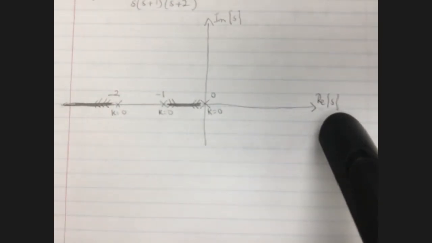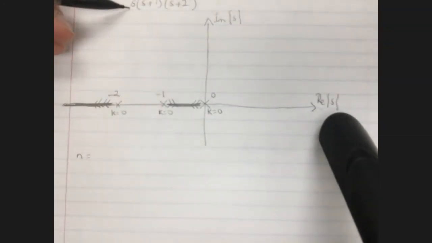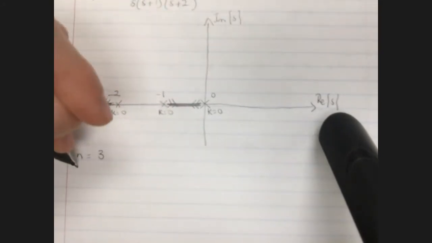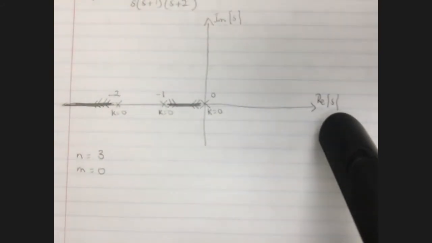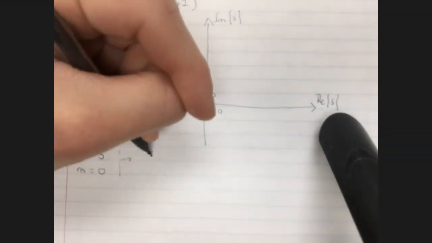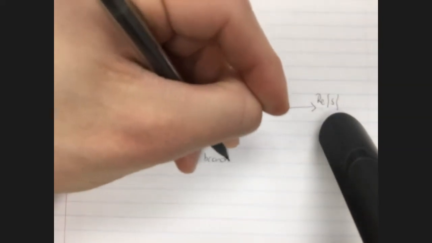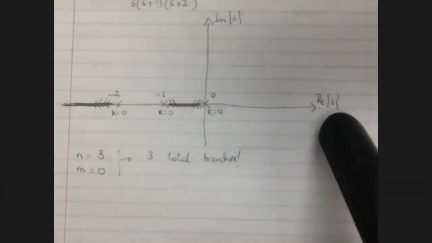Step 2 was determining n and m, and 3 was branches and asymptotes. So notice that here n is equal to 3, m equals 0. So from there we've got 3 total branches. And of those, 0 are going to end at the zeros.